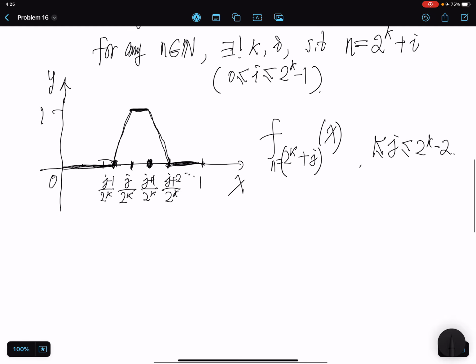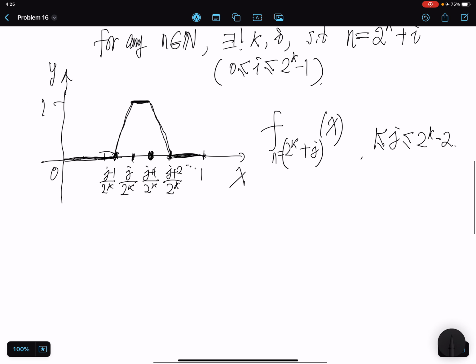Now the edge case: what happens if j equals 0, which means n is 2 to the k? In this case, we do something like this. Here is 1 over 2 to the k, 2 over 2 to the k, all the way.